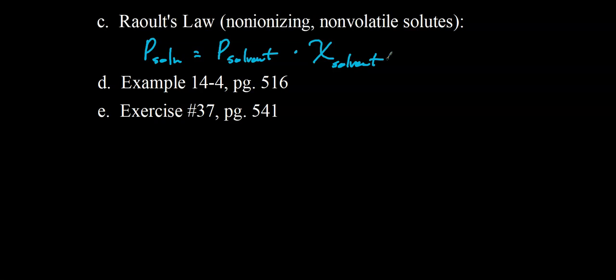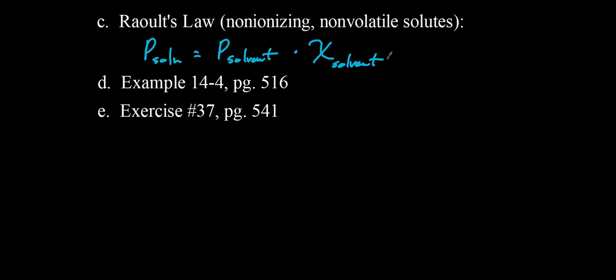At 25 degrees Celsius of the 1.25 molal sucrose solution in example 14.2, assume that the solution behaves ideally. The vapor pressure of pure water, we need to know that value, at 25 degrees Celsius is 23.8 torr. So using the values from example 14.2, you had 50 grams of sucrose and 117 grams of water. We want to find the mole fraction. Notice what they're doing here. They're doing the mole fraction of the solute.